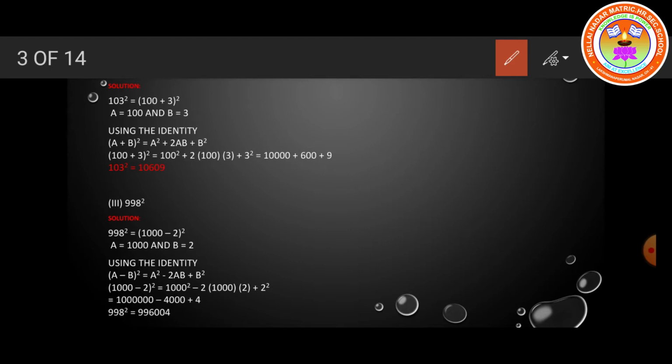First we are going to add A square and B square. A square is equal to 1000 into 1000. First we are going to write 1000, then add 3 zeros. Then what's the answer? 10 lakh is there. 1000 into 1000, 10 lakh is there.